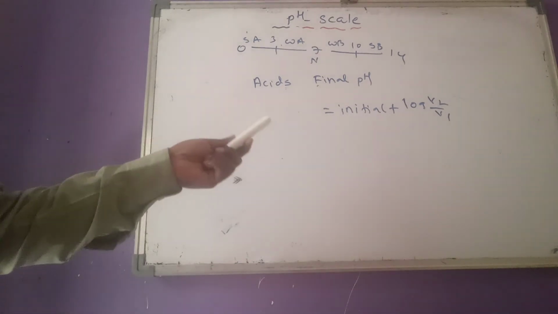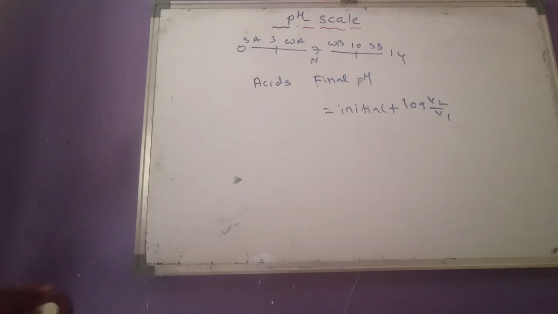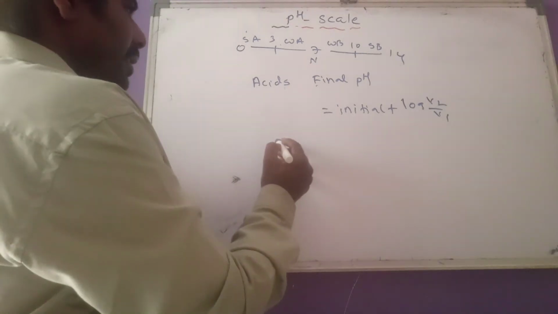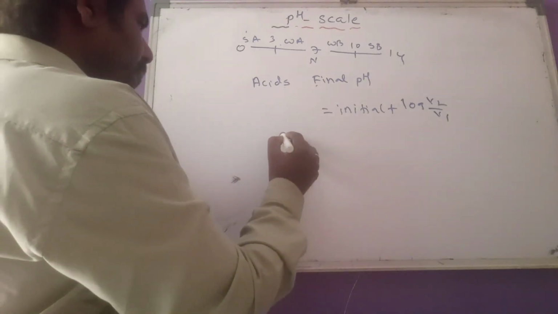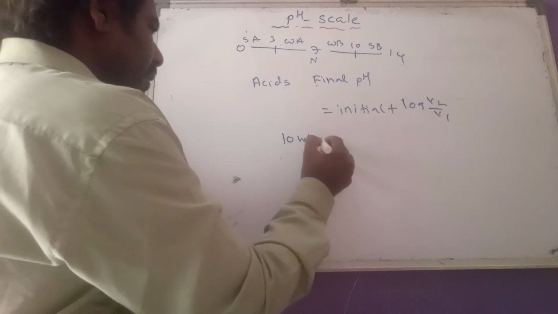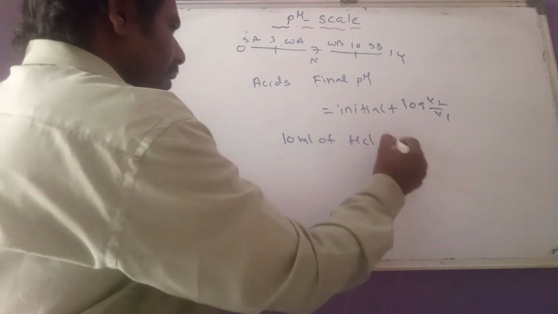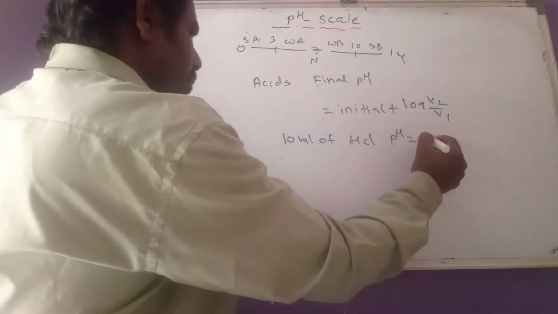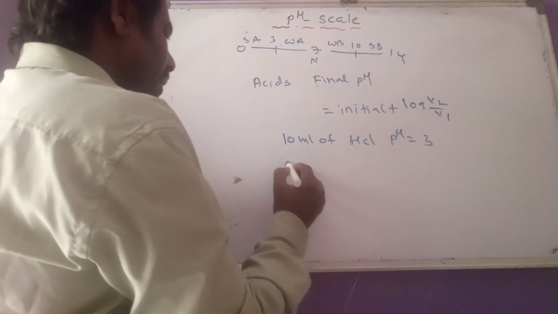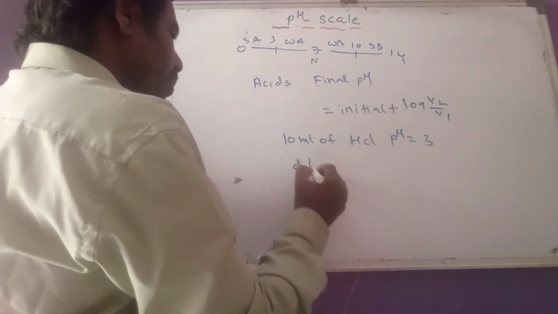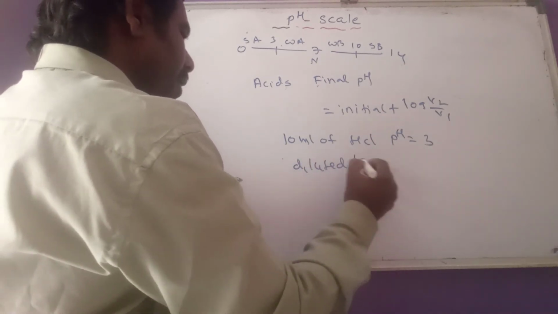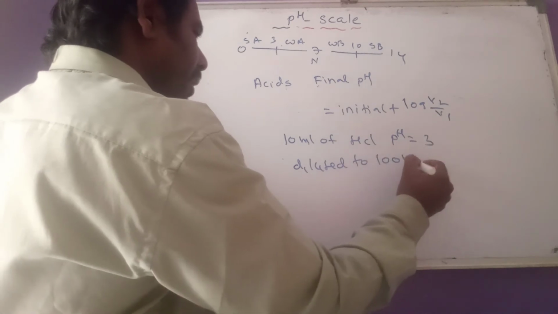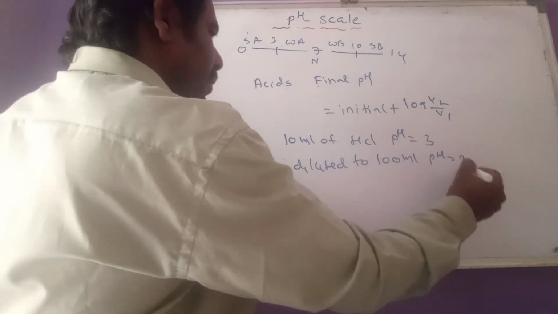So now let us go for one question in this. 10 ml of HCl has a pH value 3 and it is diluted to 100 ml. What is the pH value?